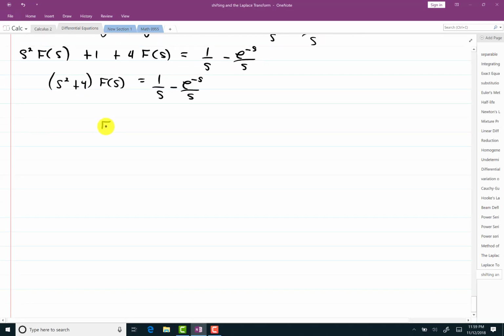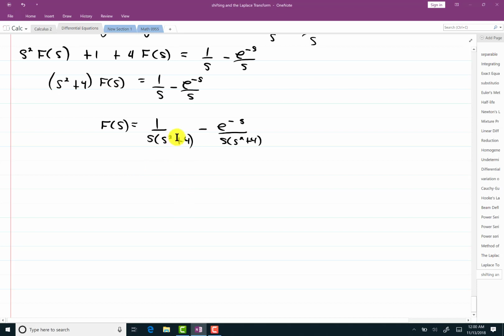So F of s equals 1 over s times s squared plus 4, minus e to the negative s all over s times s squared plus 4. I'm going to go one step further, and this part right here, the e to the negative s, will come in handy in just a minute, but let me rewrite this.